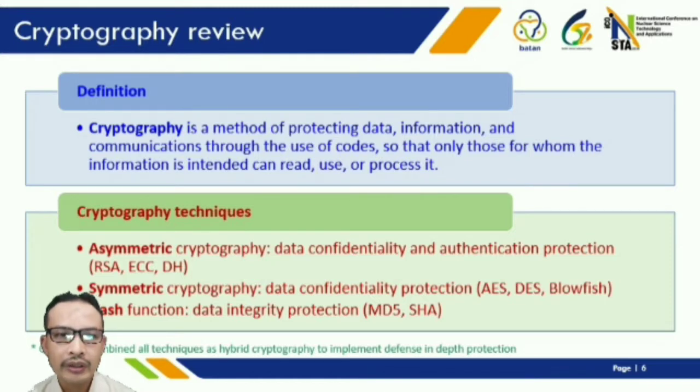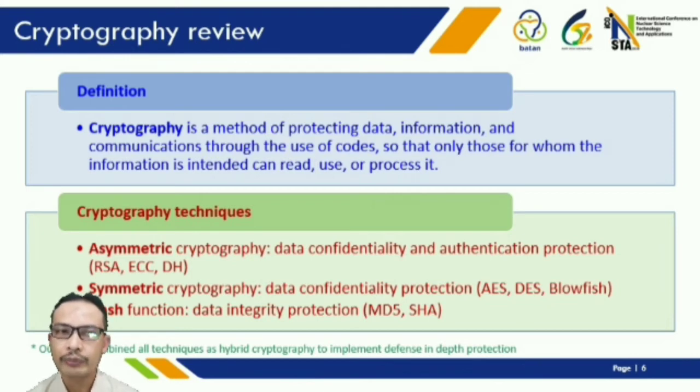Let me make a small review about cryptography. Cryptography is a method of protecting data, information, and communication through the use of codes so that only those for whom the information is intended can read, access, or process it. Cryptographic techniques are divided into three.